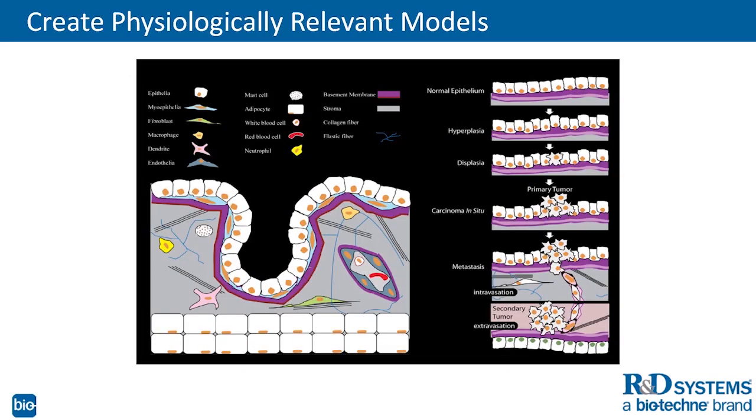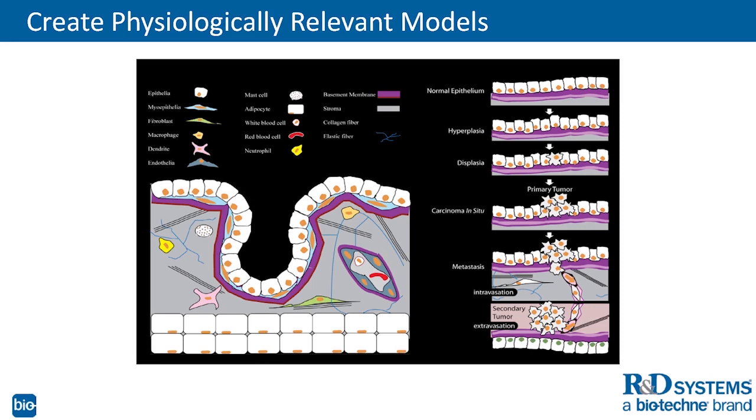Okay, so the purpose of 3D culture and everything we're talking about here with spheroids all relates back to being able to create physiologically relevant models. On the left here, I have a slide that represents mammary tissue. What I want you to see here is that it is composed of many different cell types and different ECM, and it's a very complex environment.